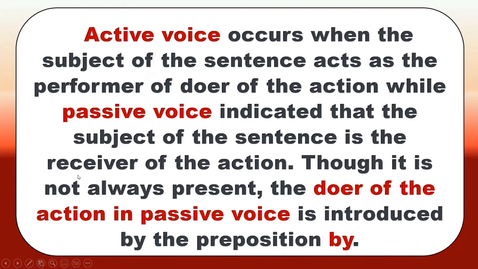Though it is not always present, the doer of the action in passive voice is introduced by the preposition by. As I told you a while ago, in the sample dialogue given, there was a preposition by. It indicates that the voice of the sentence is in passive voice.